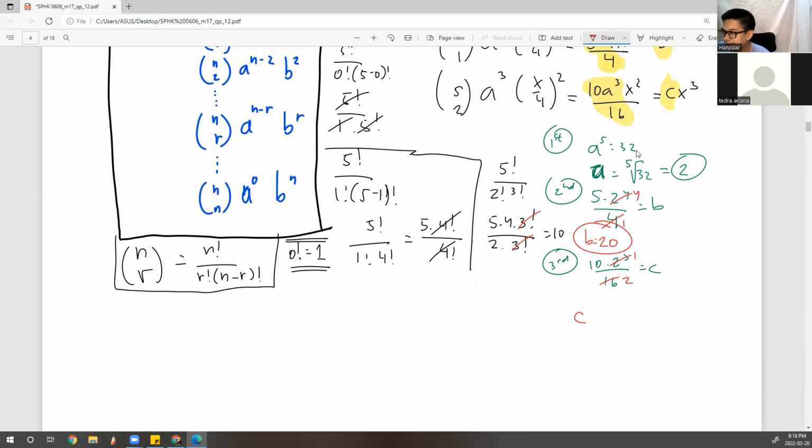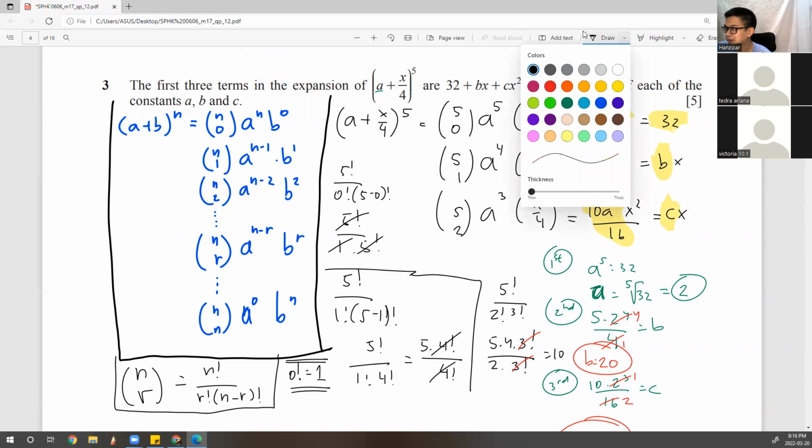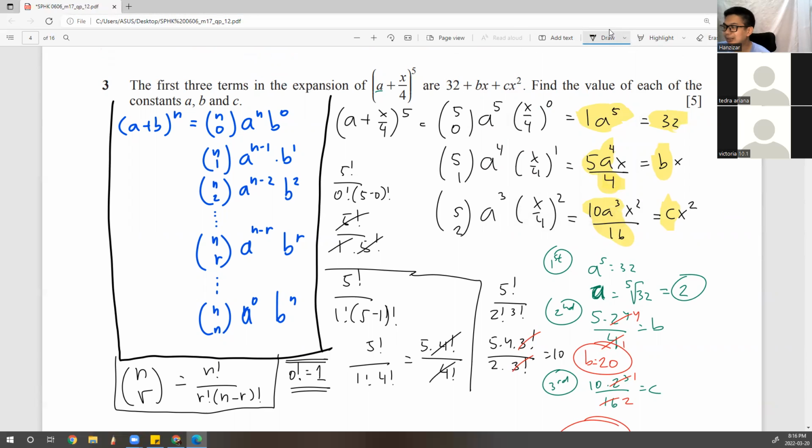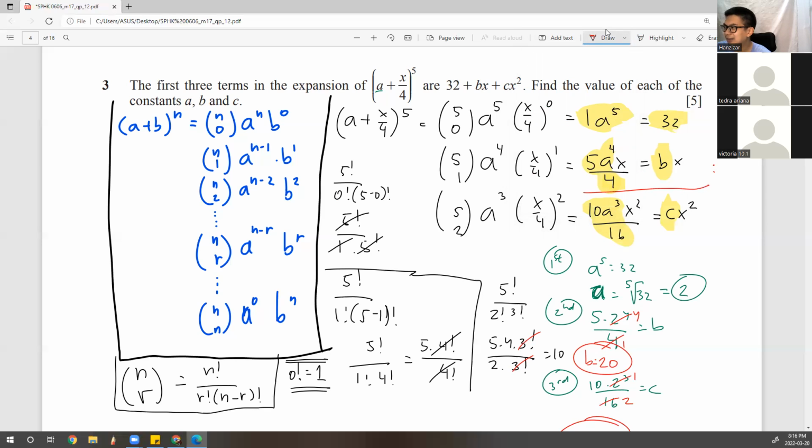How can you cross out x squared and x cubed? Because you can just divide by x on both sides, right? I want to divide by x here.